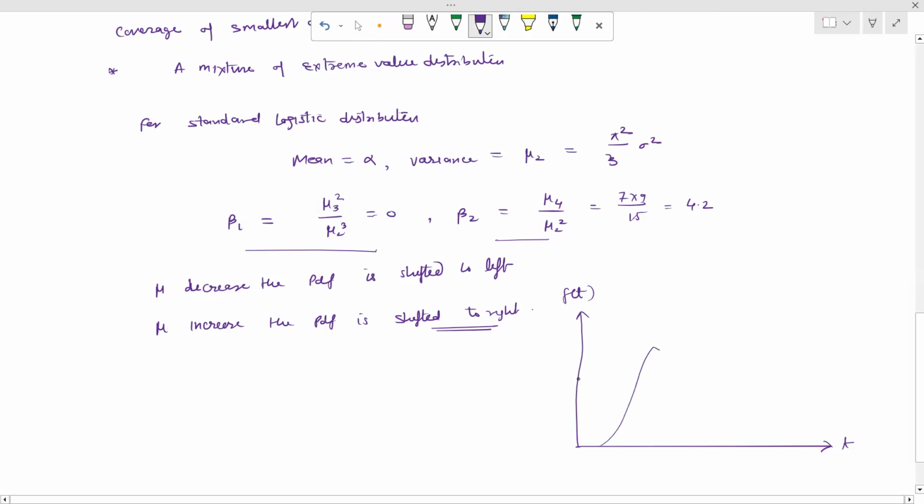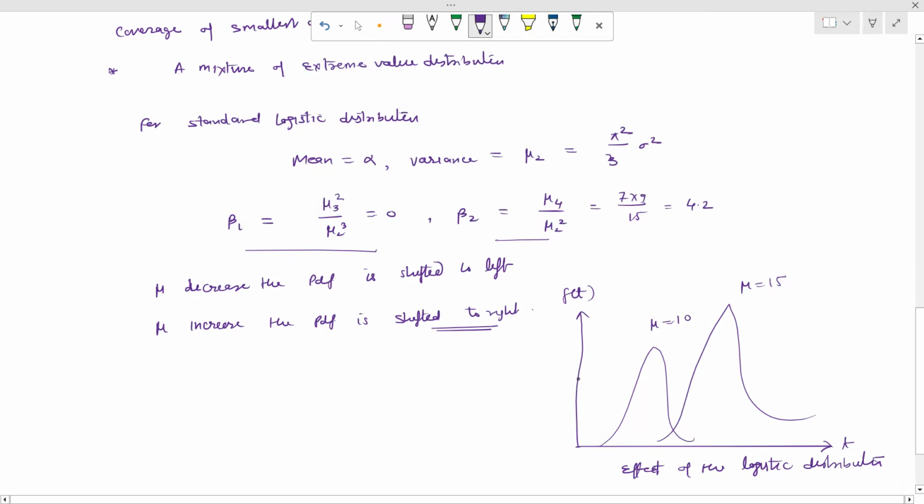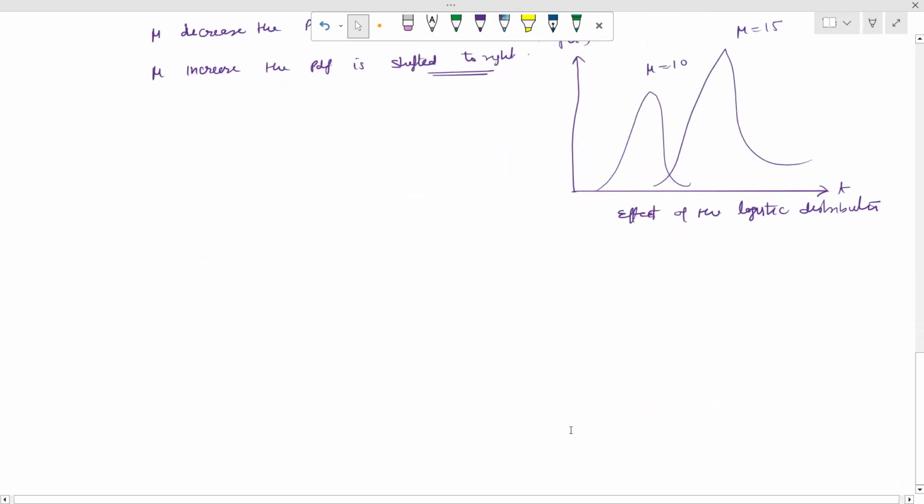Suppose we are drawing the graph, this is f(t), and this is the first shape, here we have mu equal to 10. Suppose we are increasing the value of mu, so we are shifting the PDF to the right. So mu is 15, and 17 or 13, that will also be shifted to the right side. So this can be represented as the effect of the logistic distribution, because we are defining that this has a sharp peak, that means only unimodal, single peak.